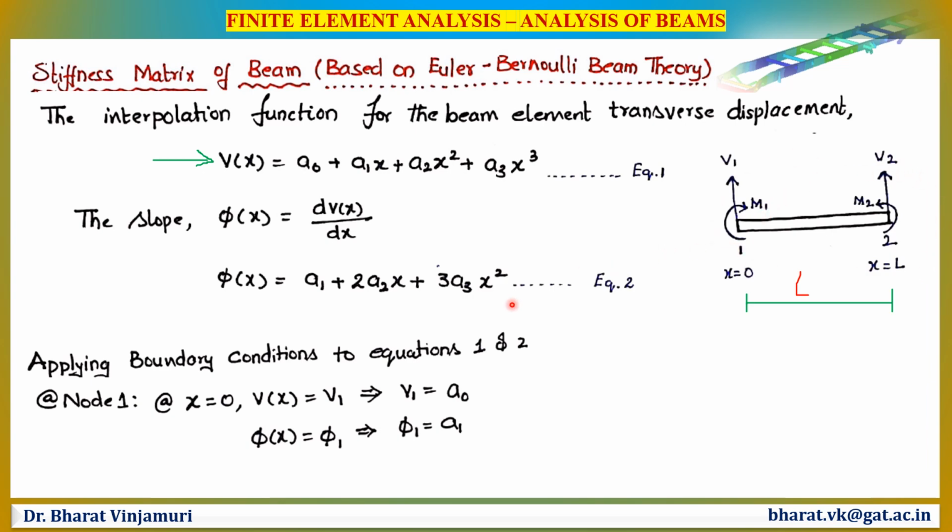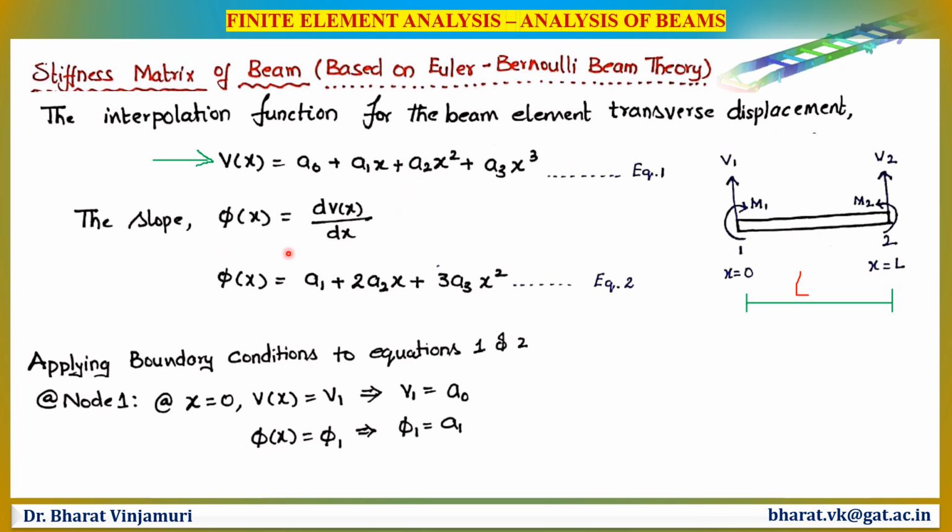The other reason is that this cubic equation exactly satisfies the fourth order differential equation, because according to this theory, the fourth order differential equation should equal 0, and if you differentiate this v of x four times, obviously you will end up equating to 0. That is one of the reasons why we have selected this cubic equation.